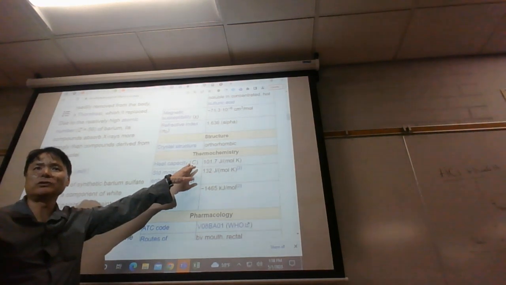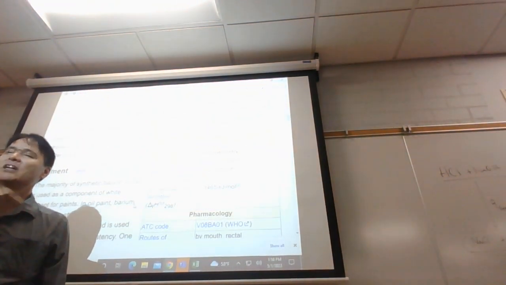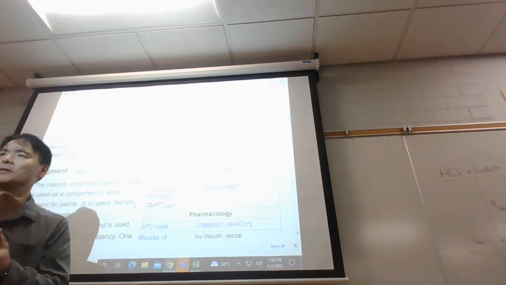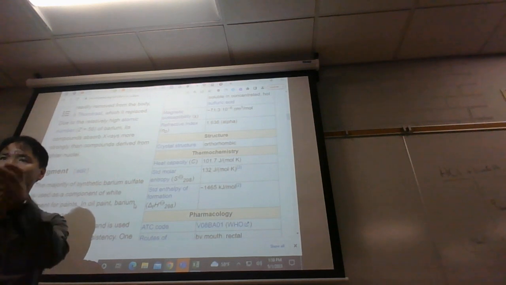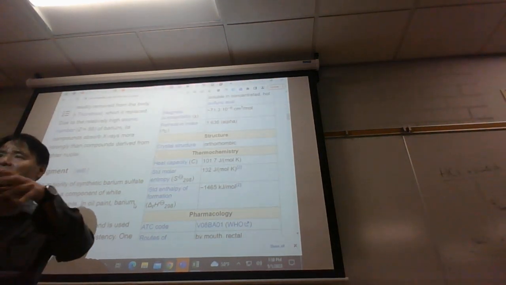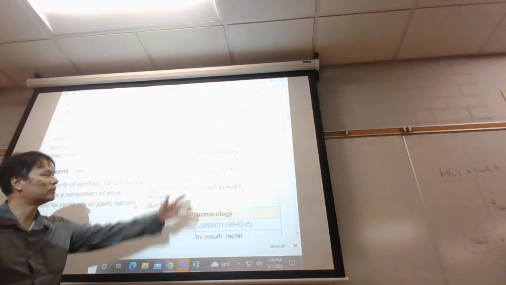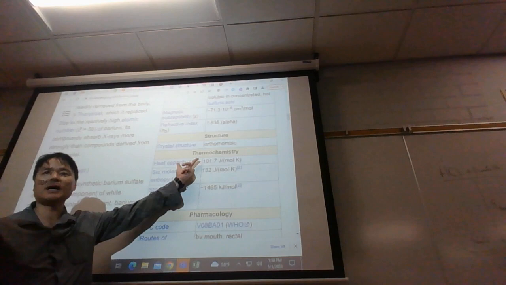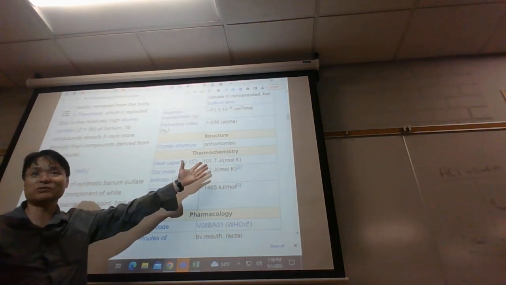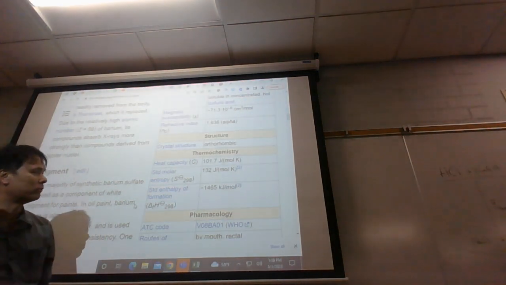You treat your barium sulfate precipitate as an object, get some hot water, and see how much heat is absorbed by the precipitate, and how much heat is absorbed by the styrofoam cup, the thermometer, the lid, and the outside environment, the calorimeter we call it. So we can do a calorimetry experiment and measure the heat capacity. It should be 101.7 joules per mole Kelvin, which is fairly high. Water is only 4.18, and that we consider high.